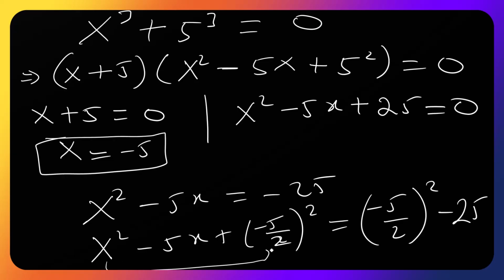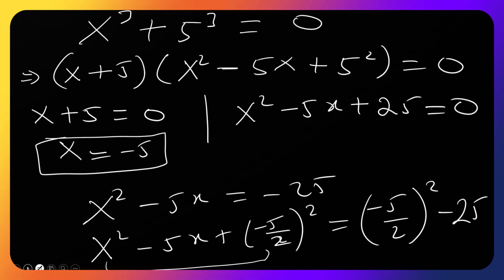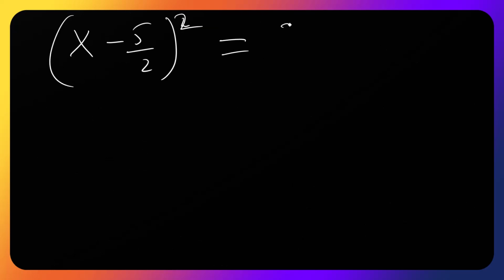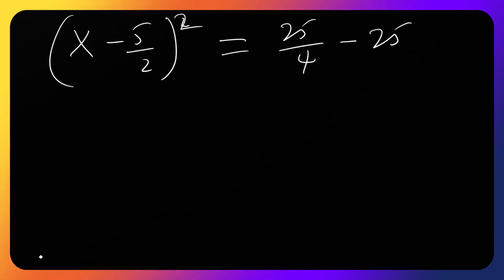So we have x minus 5 on 2, all squared, equals 25 on 4 minus 25. So minus 25 again. This one will not change. Okay, so we've done this one.